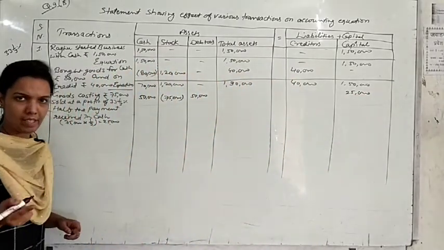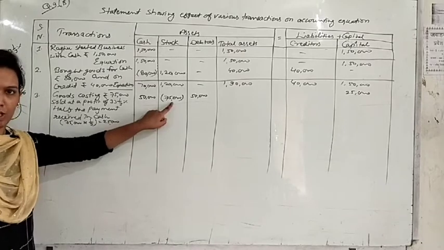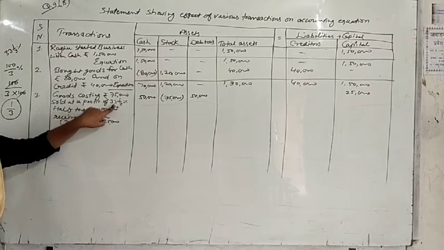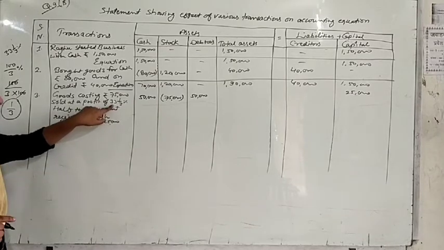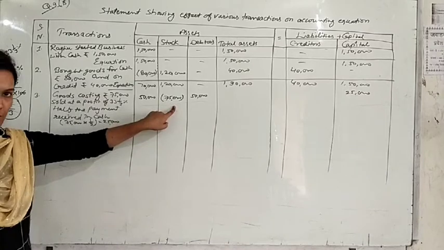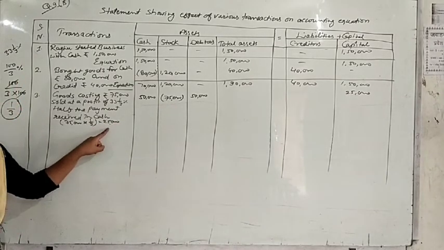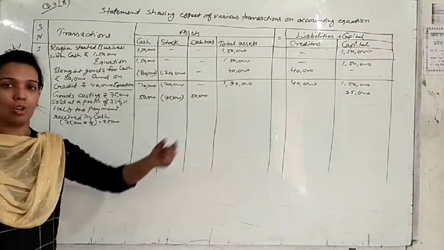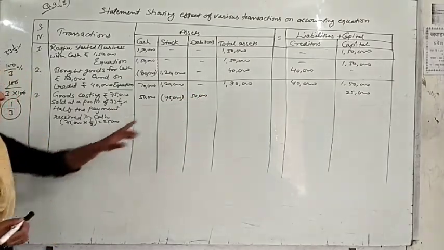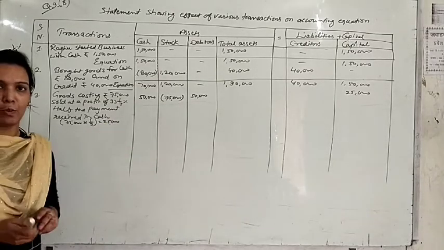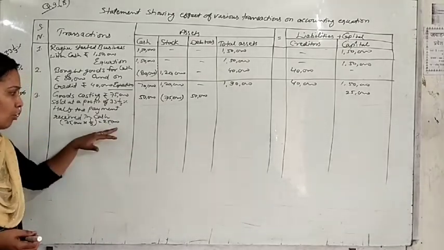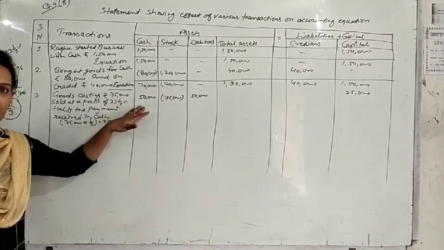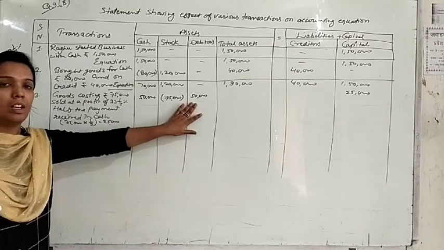Again, I am revising this point: 75,000 was the costing of goods, the profit is 33 1/3%, so 1/3 part of 75,000 is the profit, that is 25,000 rupees, which will increase your capital. 75 plus 25 means 1 lakh is the amount of sale, but only half was received in cash, 50,000, and the remaining 50,000 you will receive in future.